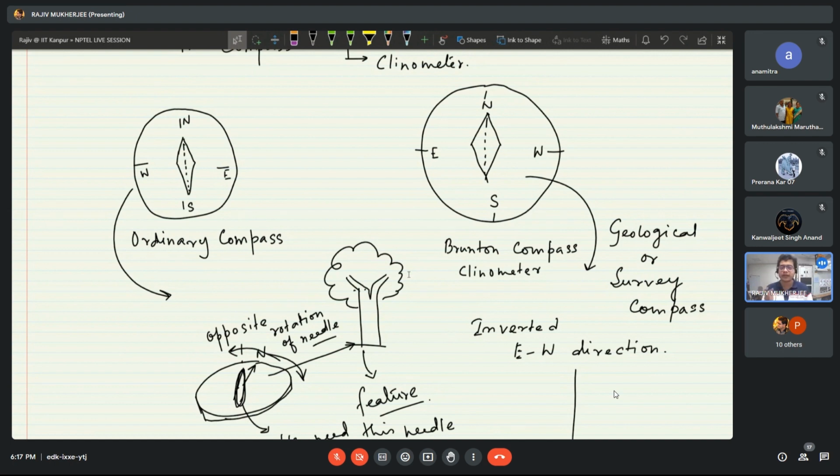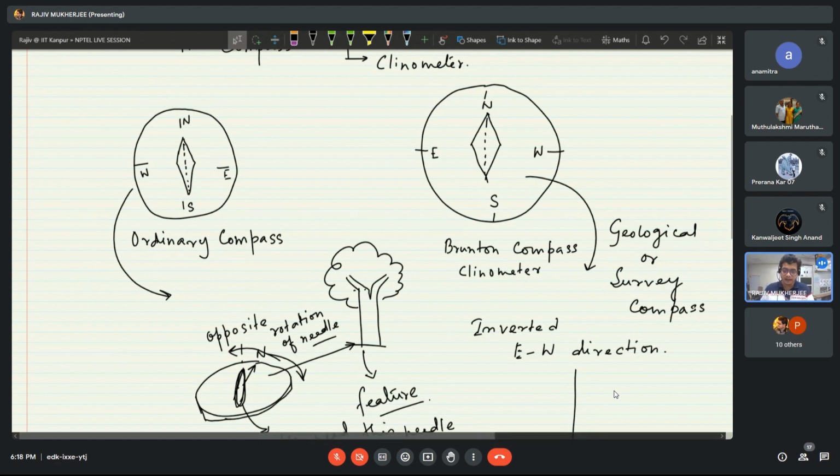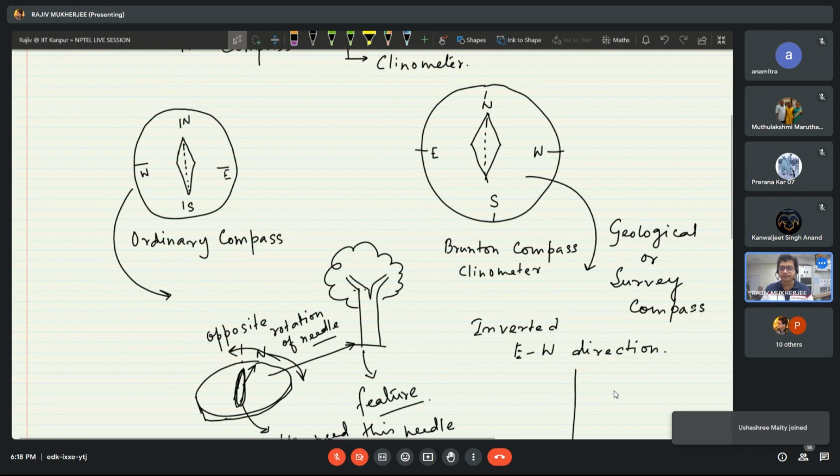A geological compass will always tell us the angular difference between a feature and the geographic north direction, whereas an ordinary compass will only tell us where the north direction is, and it will not consider the angular difference between the geographic north and any feature we are trying to observe.